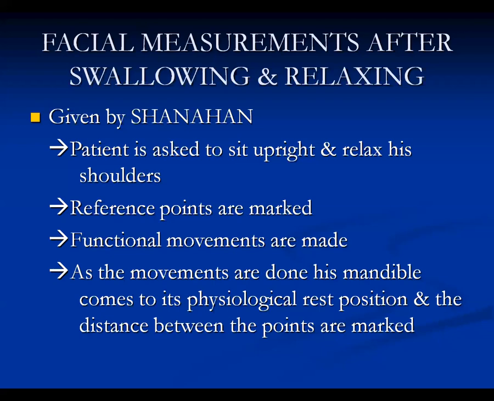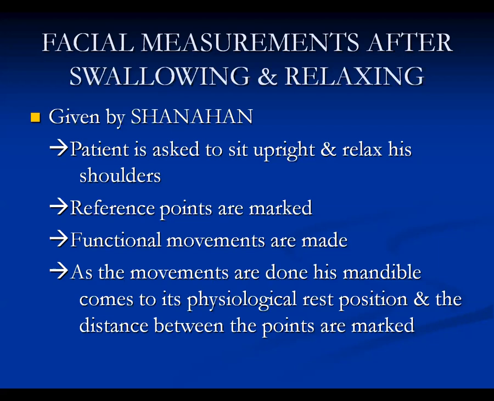You can follow any of these methods, but according to me, you have to follow a combination of methods. No one method is reliable. Why? Because the rest position of the mandible is a sensitive position. Your mandible is just connected with your TMJ with the help of ligaments.